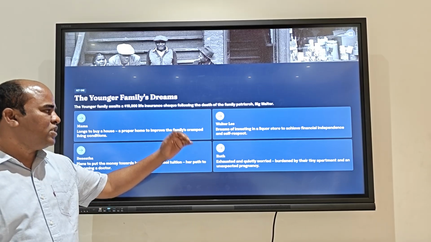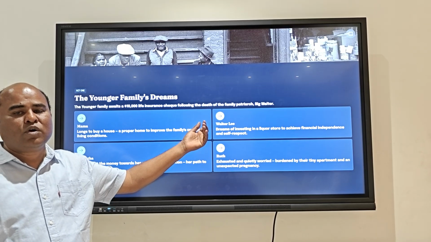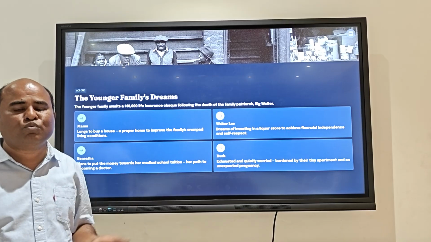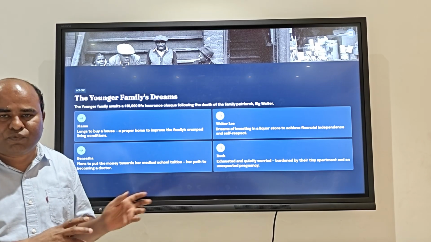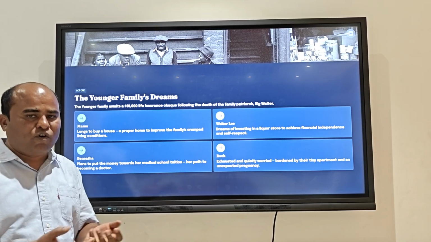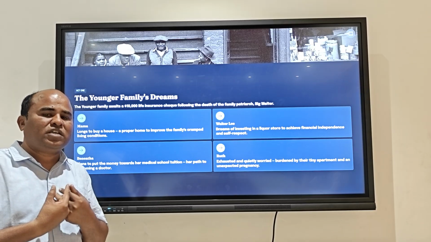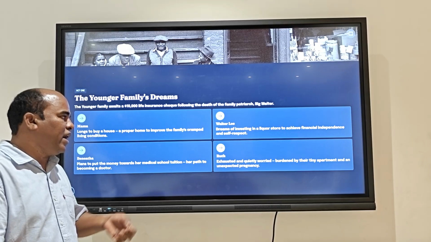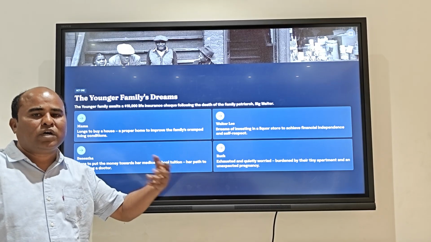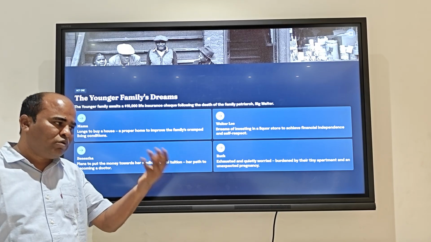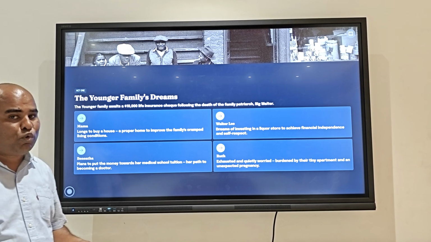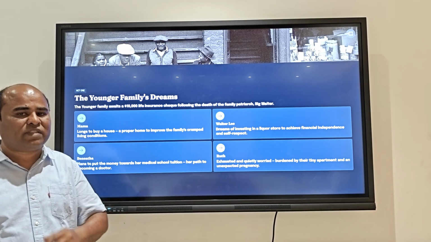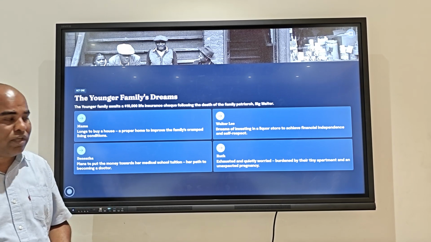So her dream is actually Walter's dream. She doesn't want to do anything with that amount for her own sake, but she expects that amount to be handed over to Walter, and Walter would be able to start a business, and that would change things for him, and as a result, that would change things for their married life.